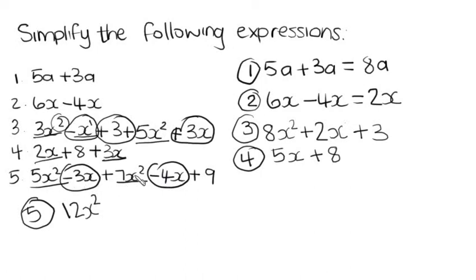Okay, a negative and a negative will give me a greater negative value. So therefore I know the negative sign wins. I write my negative sign down, and 3 plus 4 gives me 7. And what's left is my variable x. 9 is the only constant over here, so again I would just write the 9 down, and there we go.